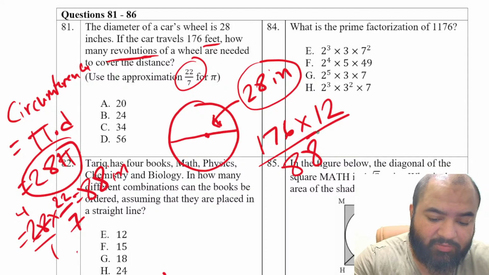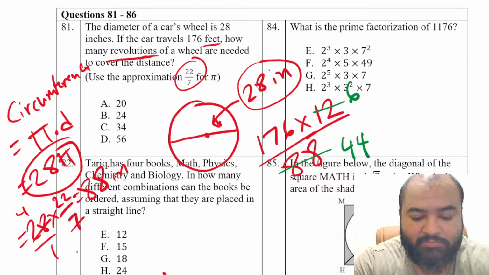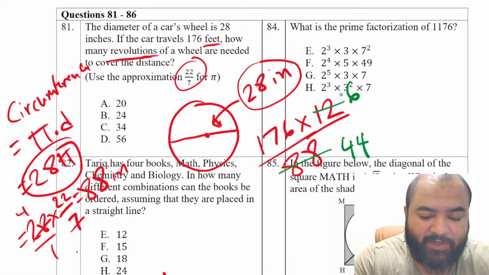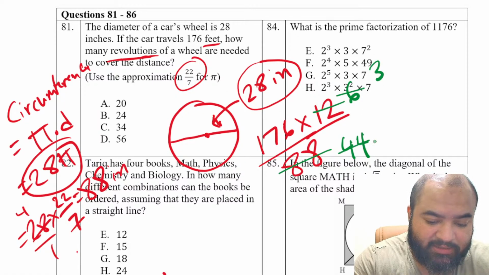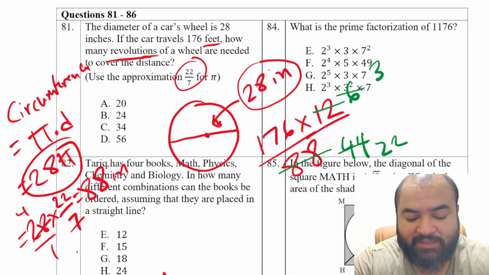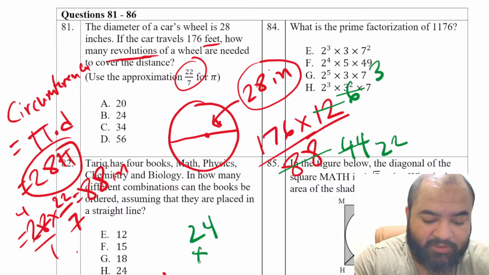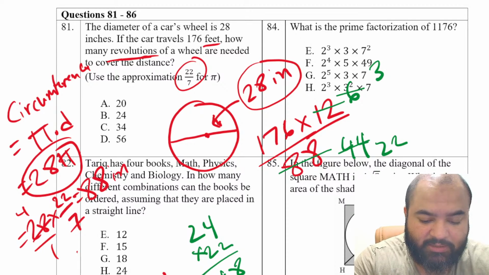Like for example, simplify by 2 first. Let's say this is 44. That will be 6. Let's simplify by 2 again. So that will be 3, and this is 22. And 22 goes how many times in 176? 24 times? Okay, let's see, 24 times 22.